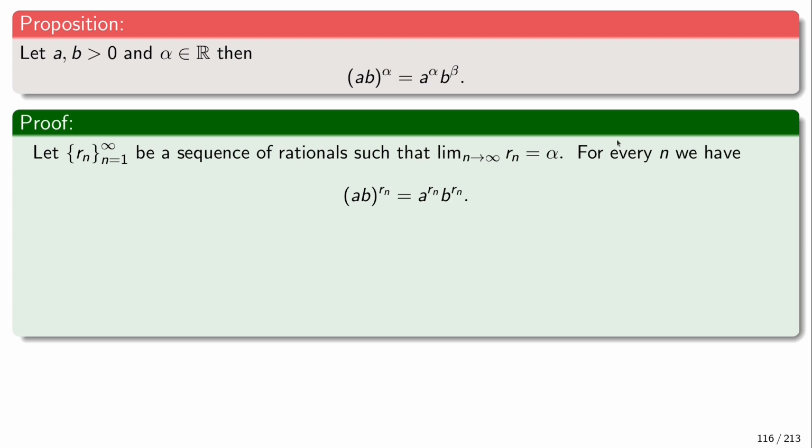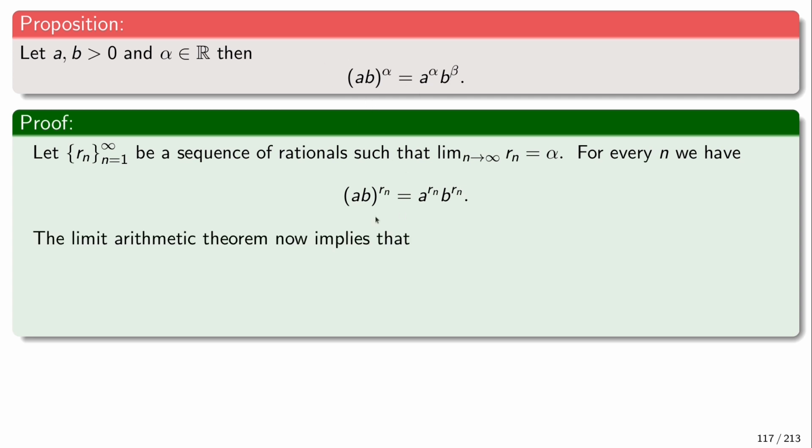Then for every natural number n, we have this law of exponents: a times b to the power of Rn equals a to the power of Rn times b to the power of Rn. And again, to show that this is valid for every real number, remember the real power is defined as this limit of sequences of rational numbers that converge.